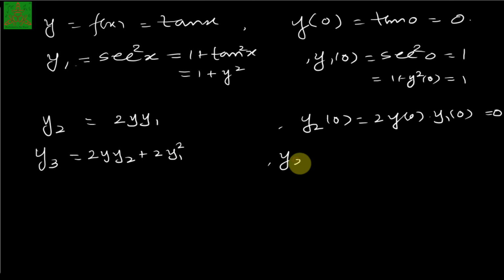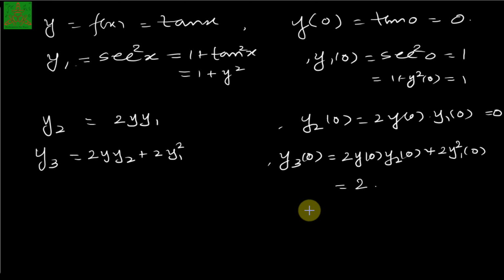And y3 at 0 we can calculate using this formula, that is 2y at 0 plus y2 at 0 plus 2 times y1 square at 0. But y at 0 is 0 and y1 square at 0 is 1. So that's why it gives me 2.